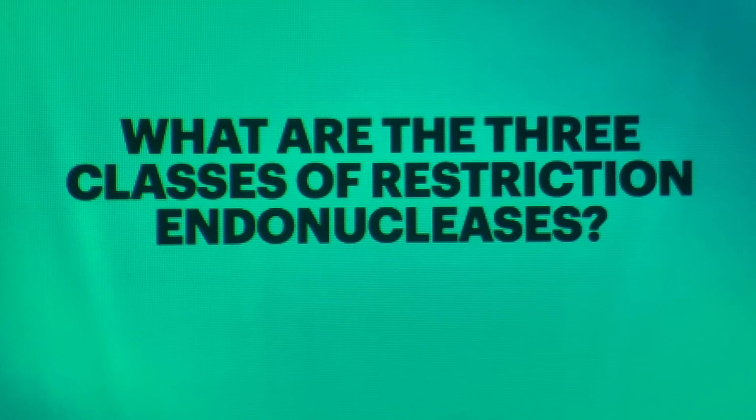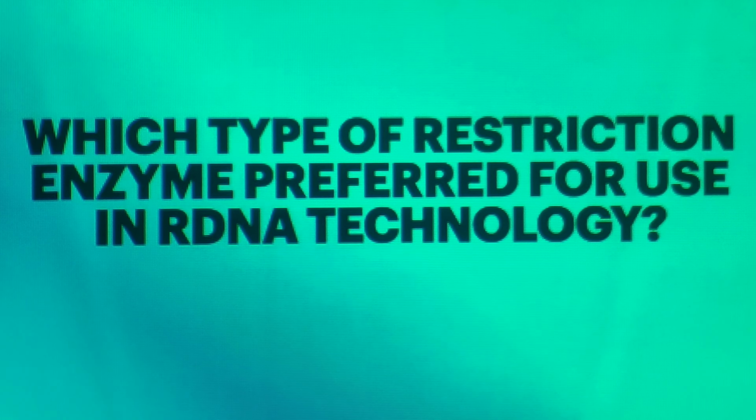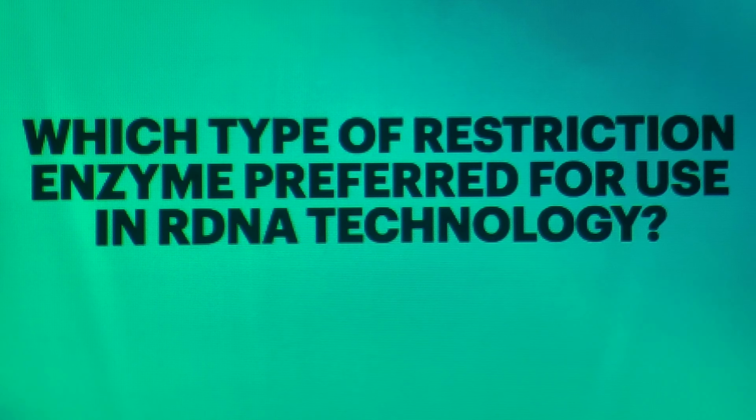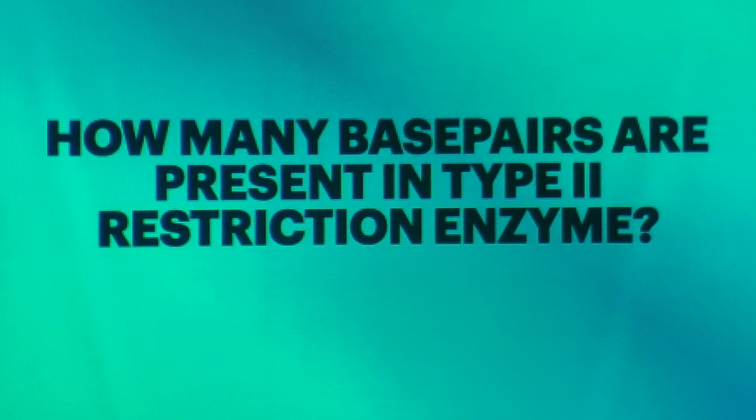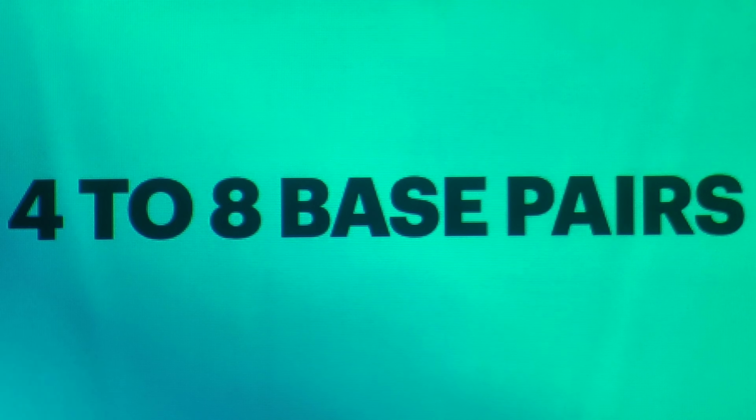What are the three classes of restriction endonucleases? Type 1, type 2 and type 3. Which type of restriction enzyme is preferred for use in rDNA technology? Type 2. How many base pairs are present in type 2 restriction enzymes? 4 to 8 base pairs.